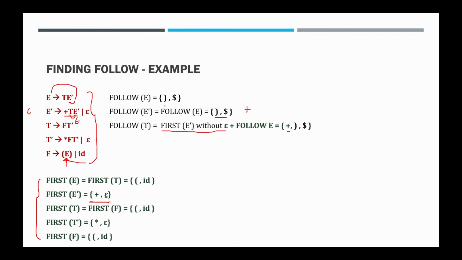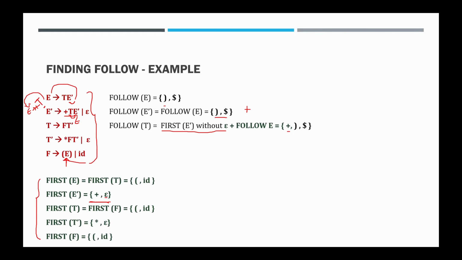I'll write it as E dash, which tends to plus T. When you substitute epsilon instead of E dash, it will be changed to plus T. Now what is follow of T? We don't have any symbol. So what would that be? It is nothing but E dash. Now in this production, after substituting epsilon, when you find the follow of T, what is it? There is no symbol.